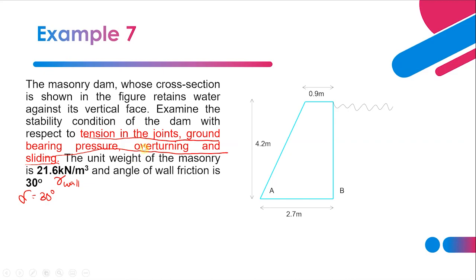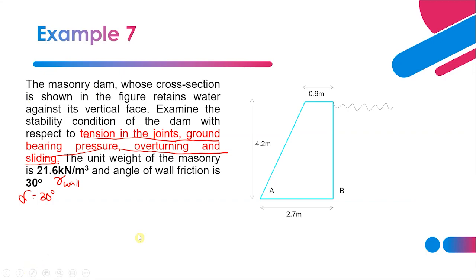As you see, bila you nampak je perkataan like kena examine stability condition, so obviously you kena dapatkan forces, you kena dapatkan berapa moment. So forces you ada 2 types, which is one is horizontal and one is vertical. So daripada those 2 vertical and horizontal forces, you have to find the moment that dihasilkan oleh these 2 forces.